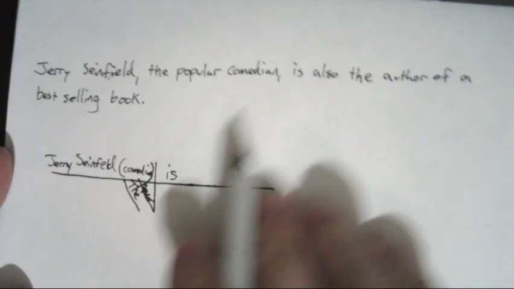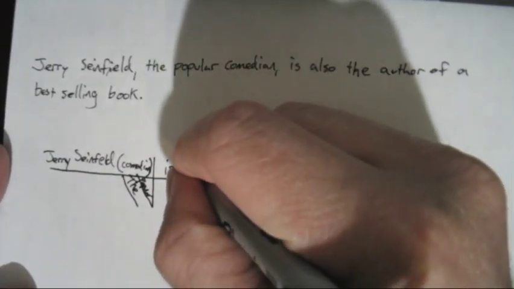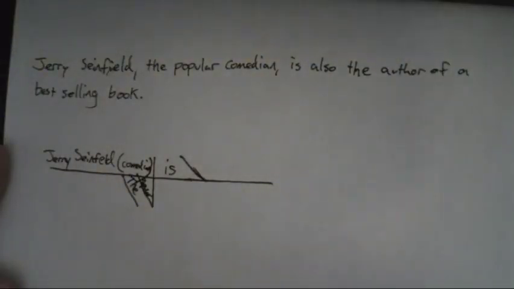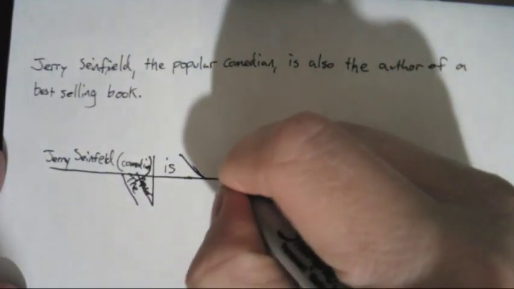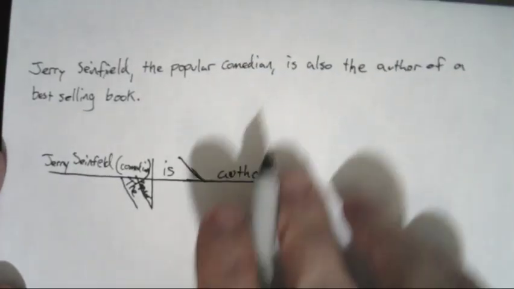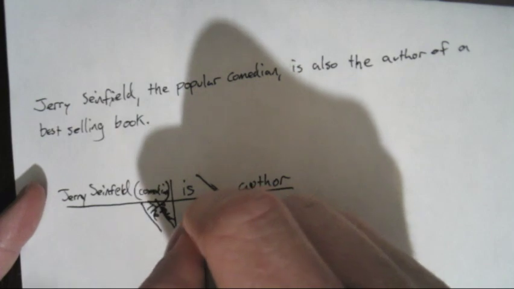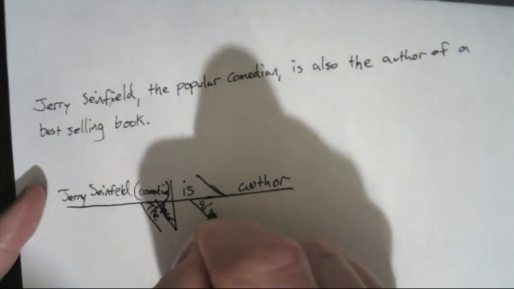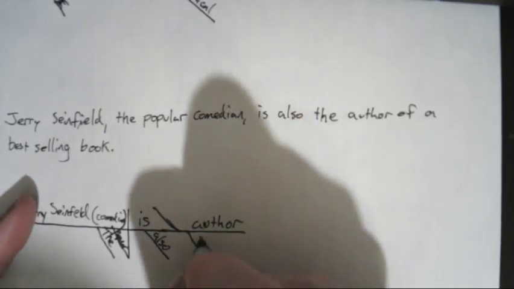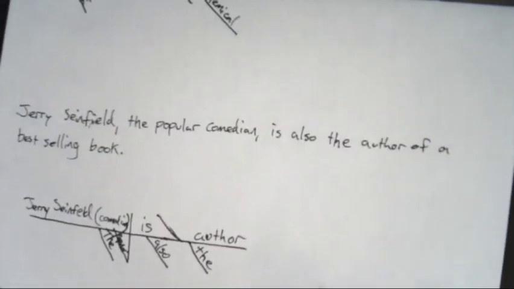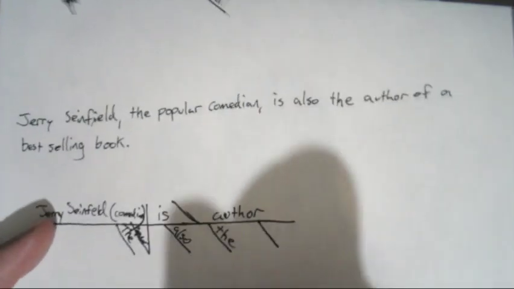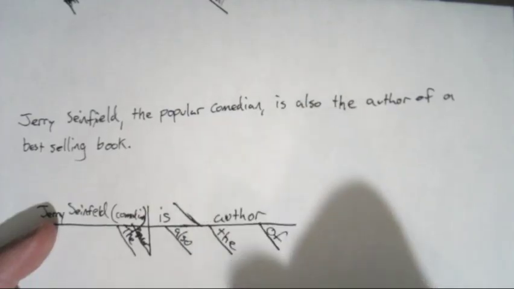Okay. Now, let's do the rest. Is, right? And we've got subject complement. Is what? He is an author. Is being modified by also. So let's put that down here. The is modifying author. And then we have a prepositional phrase. This is all old stuff to you guys. You know how to do this.